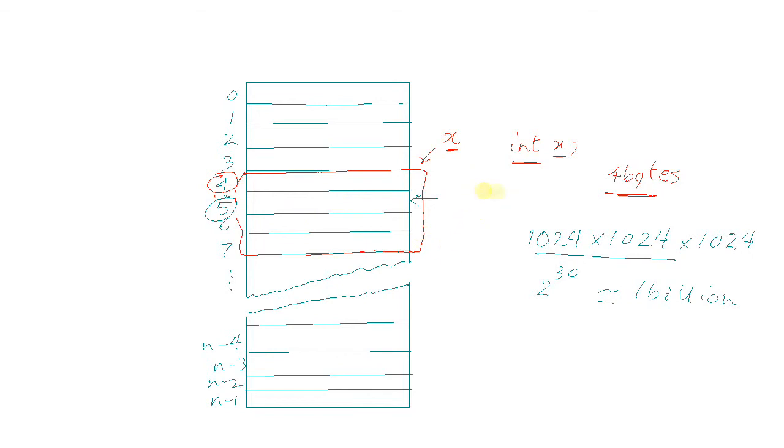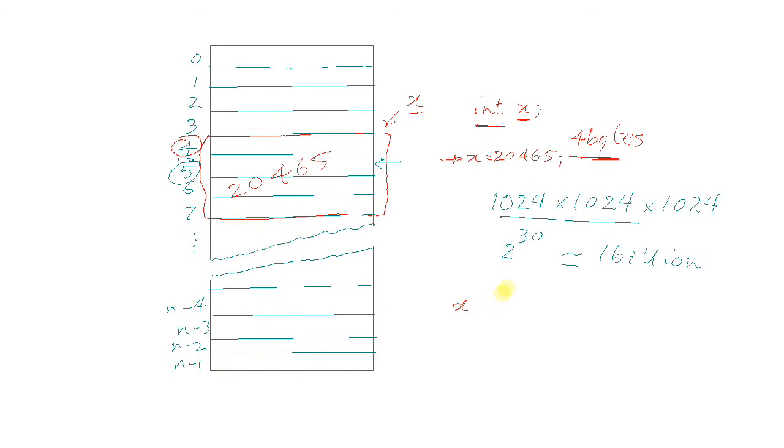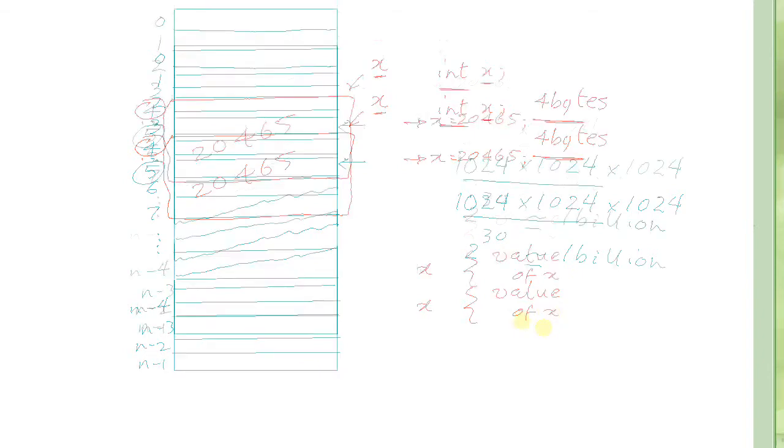So later on in the program, if I say x is equal to 20,465, for example, when it executes this statement, it writes 20,465 in all these 4 bytes combined together. So this is the value of x.